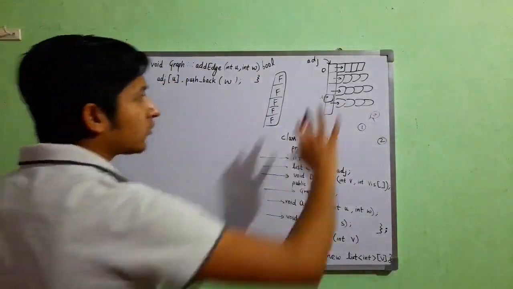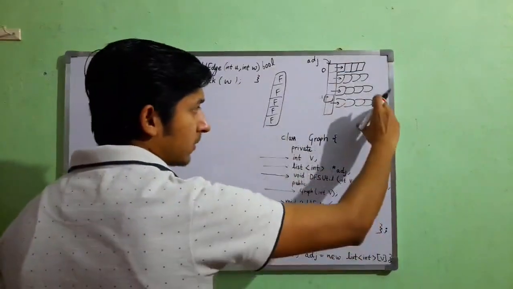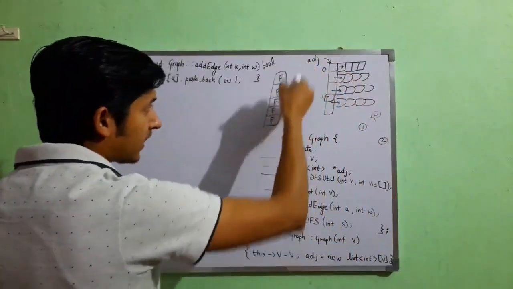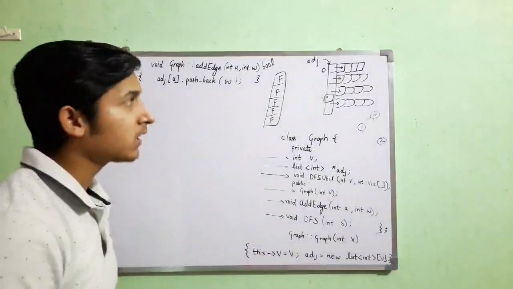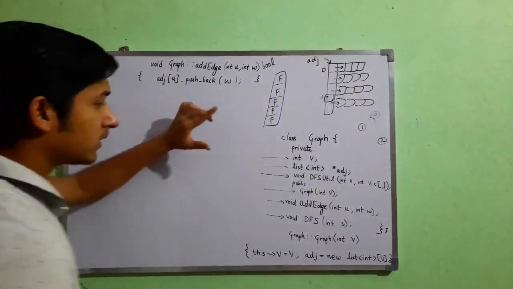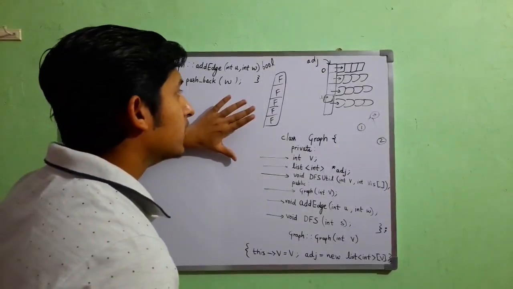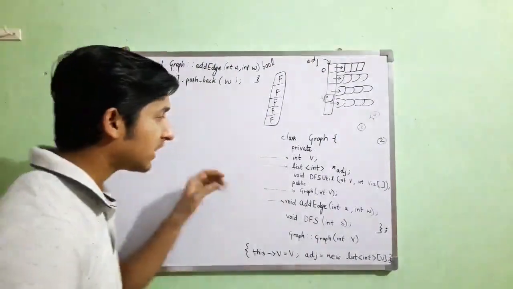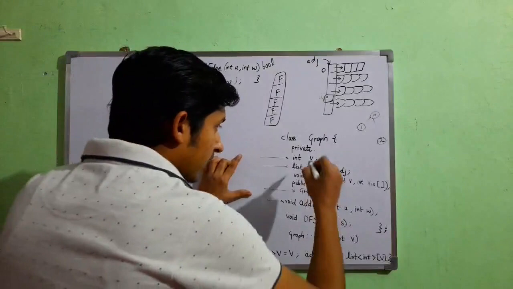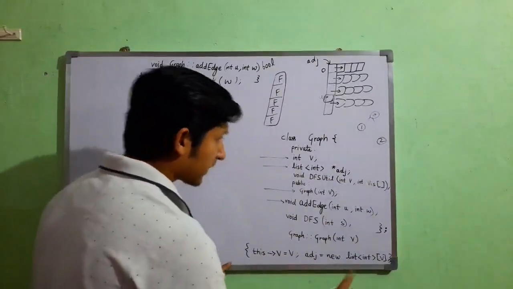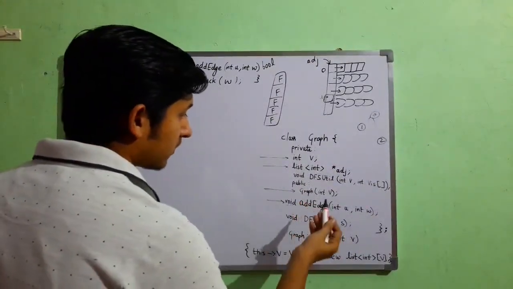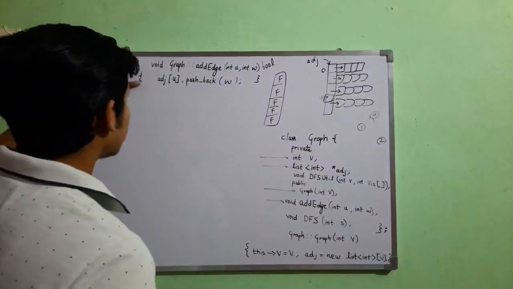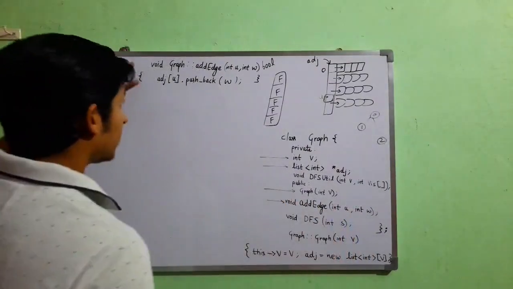After declaring all this, I'm to make a boolean array with number of elements equals to number of nodes. So after declaring all these four things, I initialize these two with the constructor.